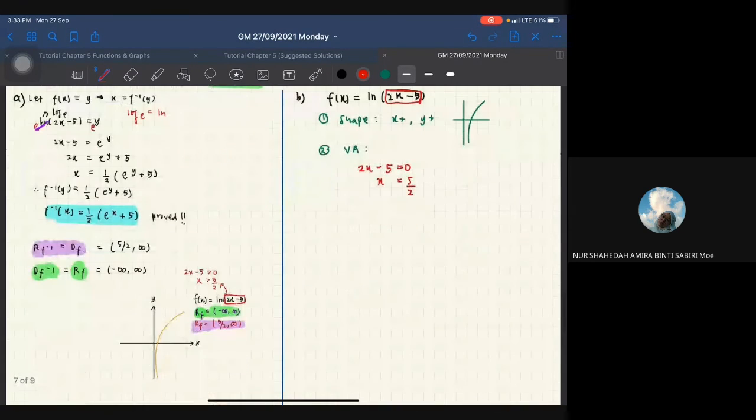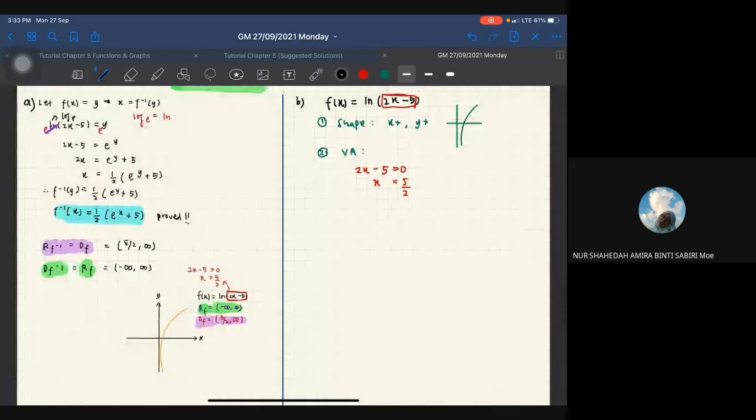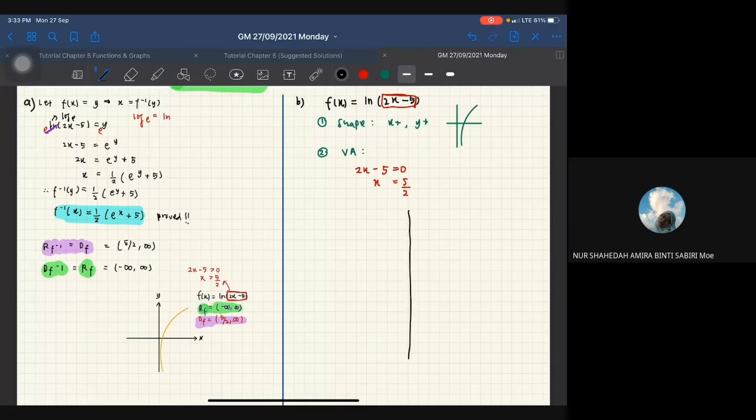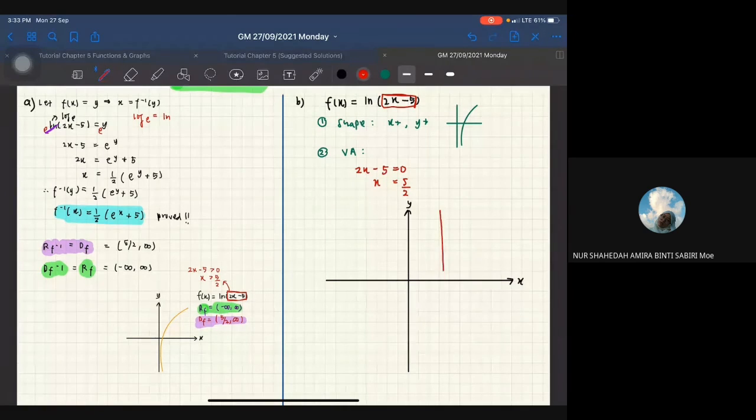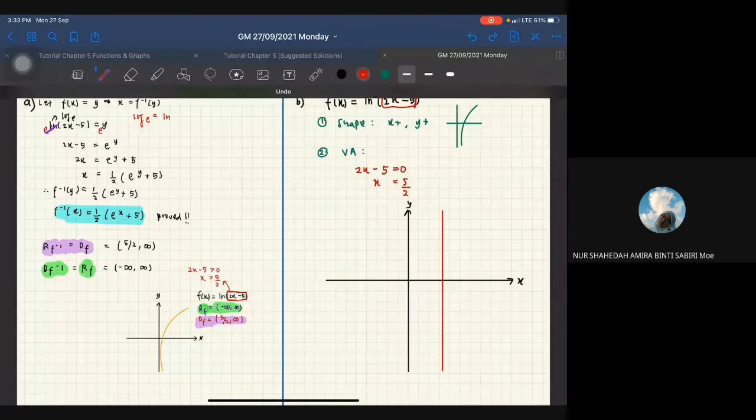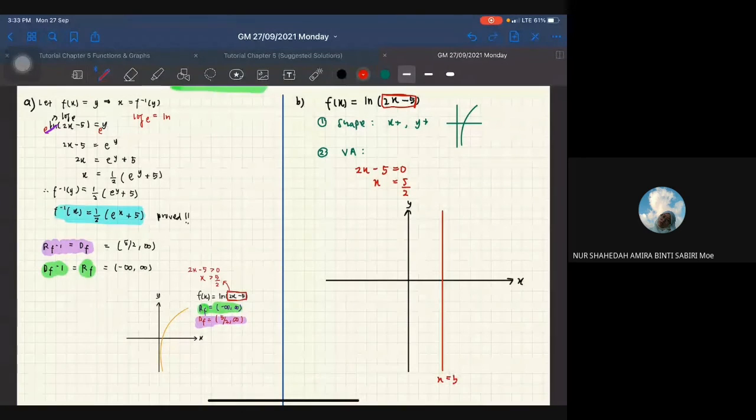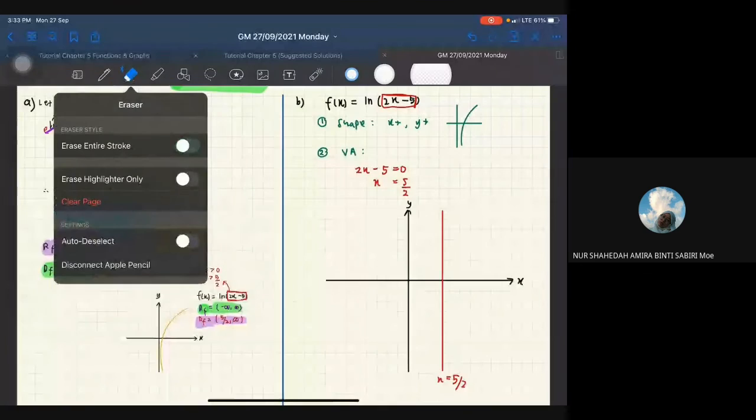Okay, so sekarang kita akan terus lukis graf. So the next step is we just draw the graph. So buat dia besar sikit. This is y. Okay, so 5/2 is somewhere over here kot. Okay, lebih kurang lah. X is equal to 5/2. So saya dotedkan dia kejap.